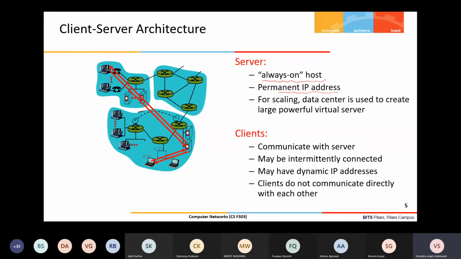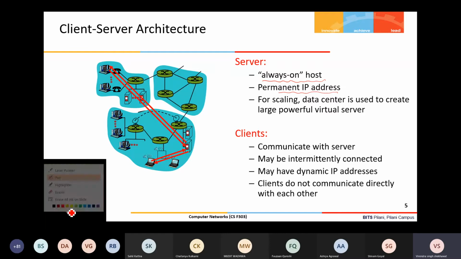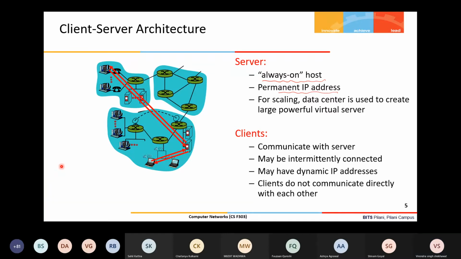But client-server architecture, and the client is what it is in the client-server architecture, always the communication is going from client to server. Communication is always initiated from the client, and the server is always in a receiving mode. Always first it receives the request.